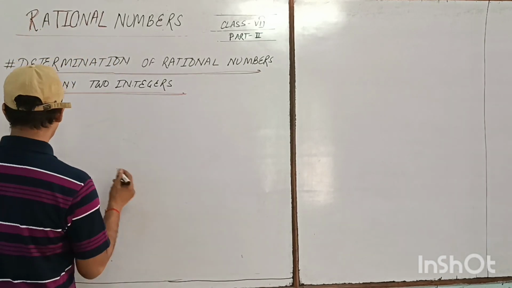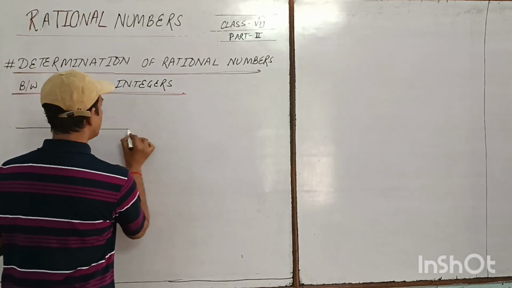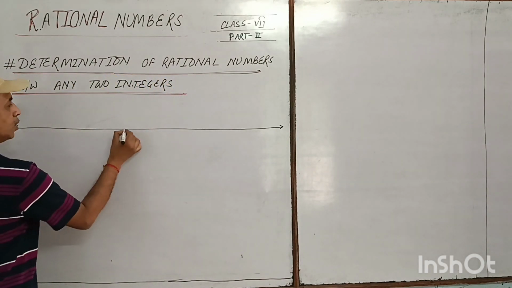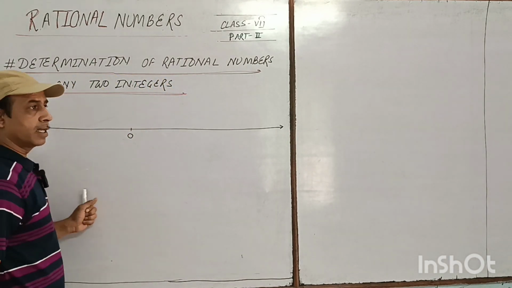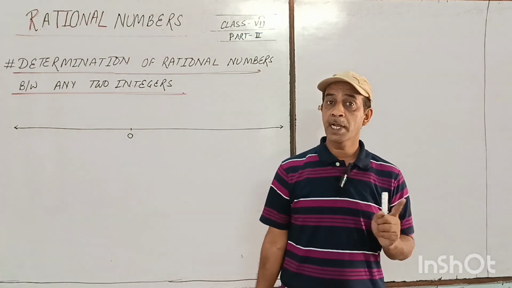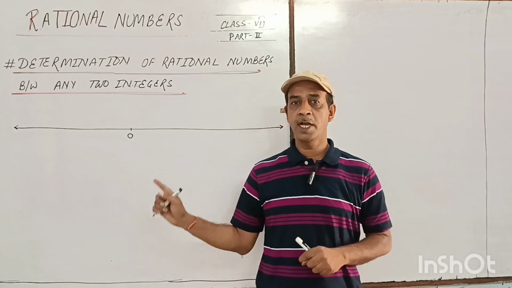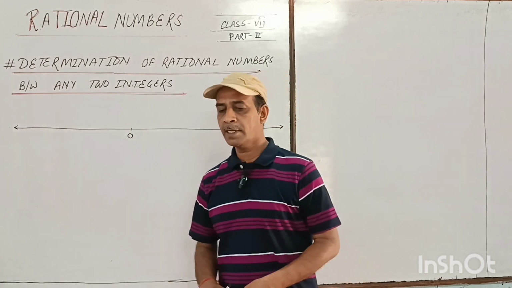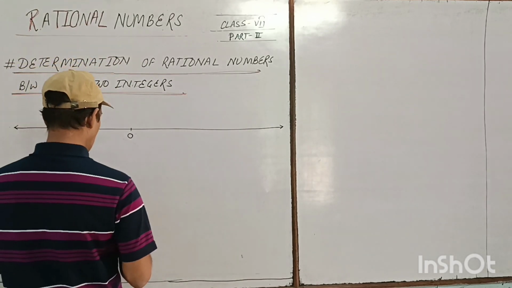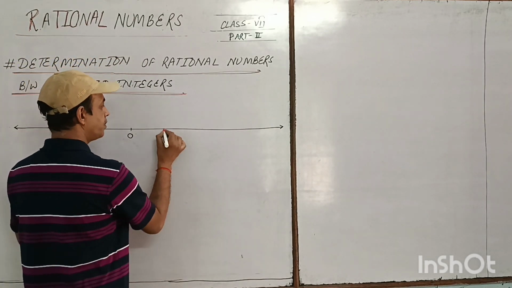Yes, number line. You all have studied this in the previous classes, isn't it? In class 6th, you all have done the addition, subtraction of integers with the help of number line. In this case, you know it very well.